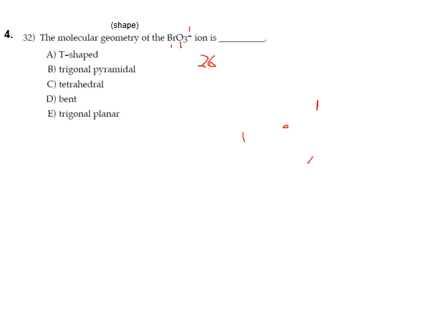So that uses 6. 26 minus 6 would leave 20, and then we put 6 of those on the 3 O's, and that will use up 18, leaving 2 left over that have to go on the bromine. So we're going to end up here with a lone pair on the bromine and then 3 bonds around it. So now, how many charge clouds total do we have around the bromine?